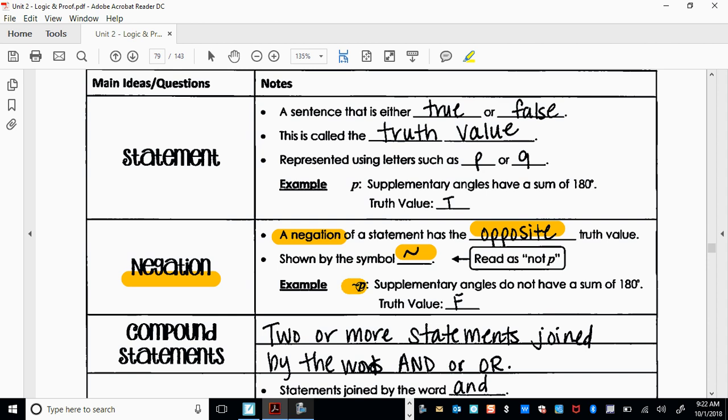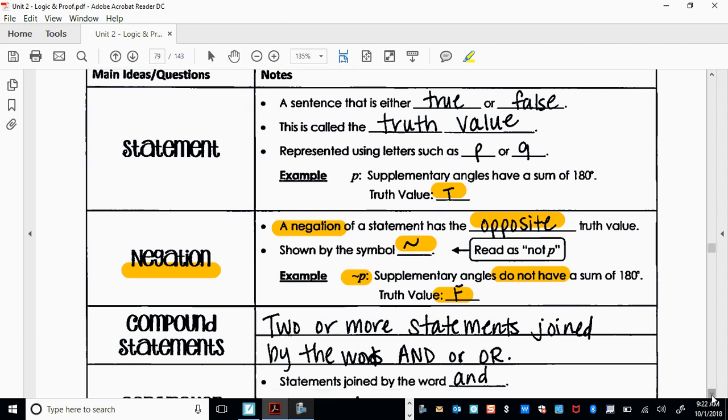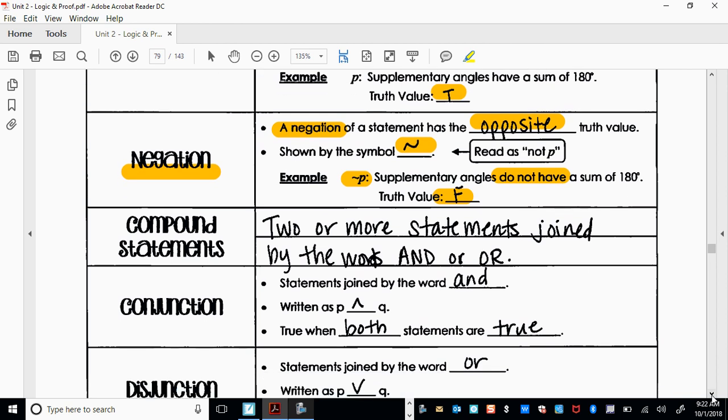If I put in not P: supplementary angles do not have a sum of 180 degrees, and that would be false because they do. If we say yes, they do here, and I add a not, then it has to be not true. So these are the two statements that I want you guys to know.